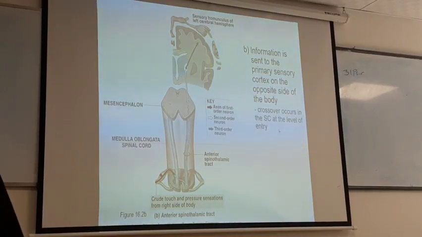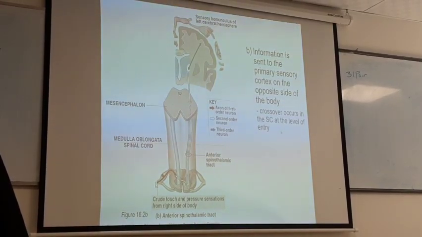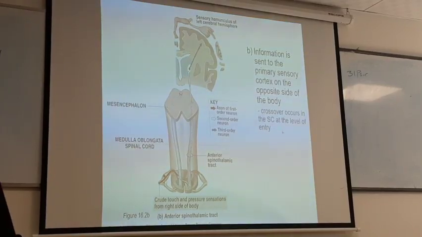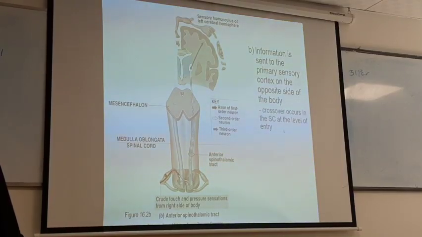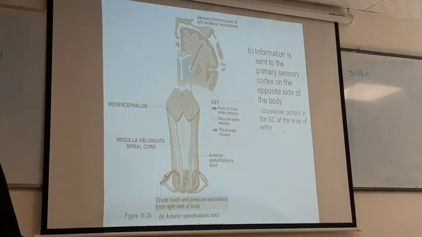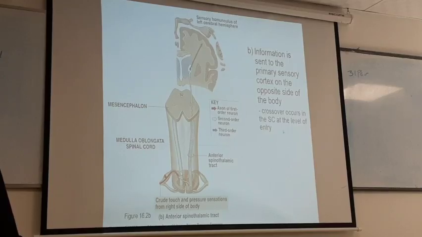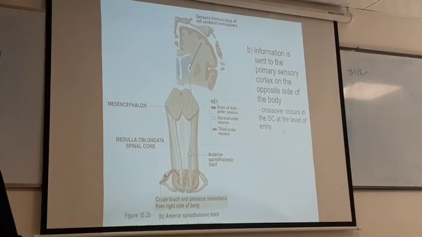Touch and pressure go by the anterior spinothalamic tract. Neuron 1 in the DRG. Neuron 2 in the posterior horn of the spinal cord.